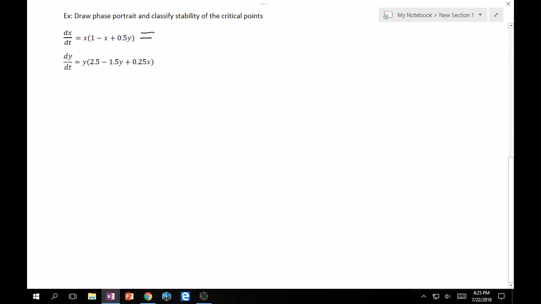So let's say that the first one up here is x minus x squared plus 1/2 xy, and then this bottom one here is 2.5y minus 1.5y squared plus 1/4 xy.